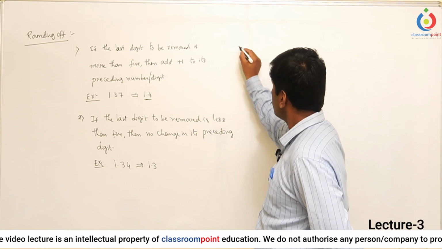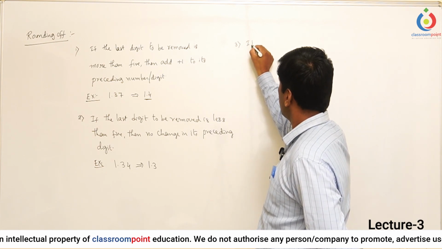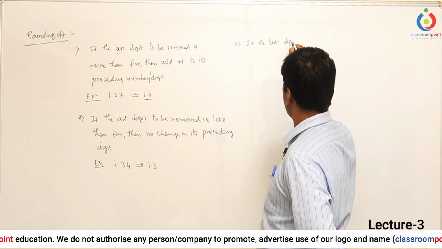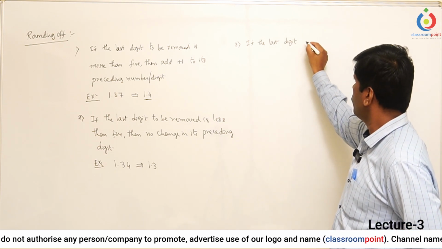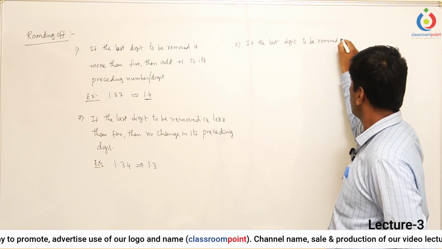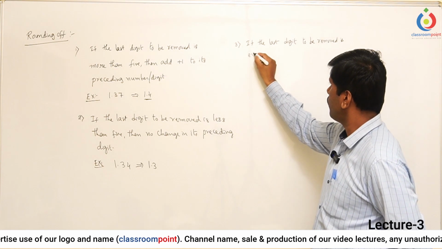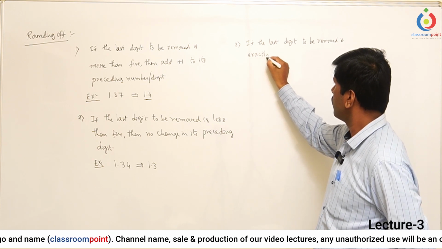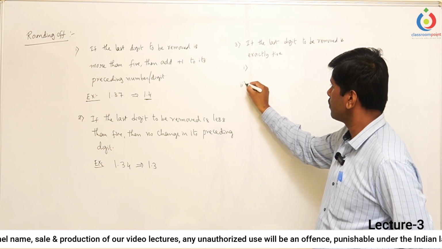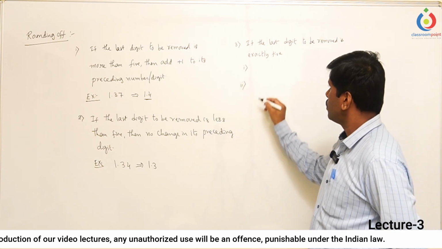Next, if the last digit to be removed is exactly 5, then two conditions arise.